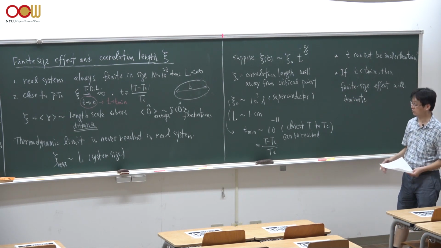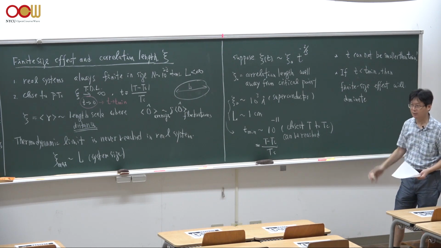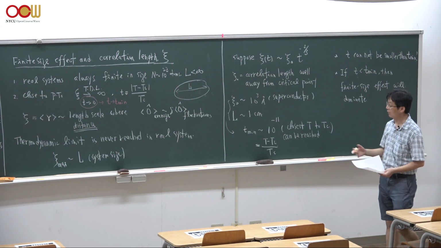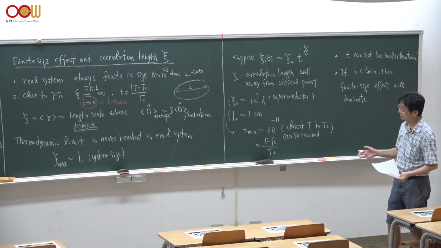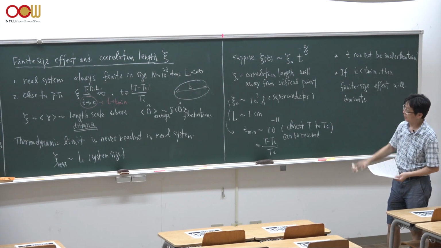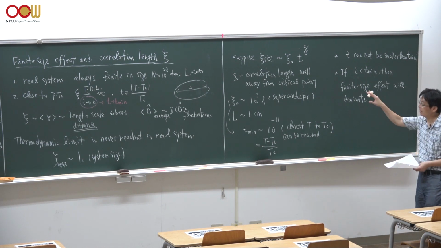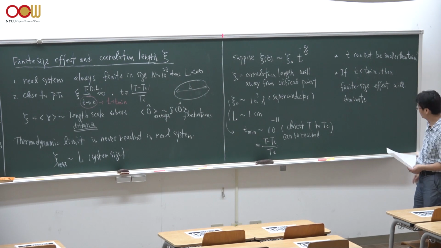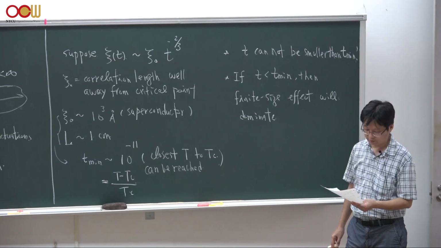But there's a limitation of this scaling behavior, or this power law divergence of the observables near the transition, and that limitation is set by the finite size. We will come back to this later when we talk about how the finite size effect smears out the transition, and the transition becomes a blurred crossover. So that will be discussed later.